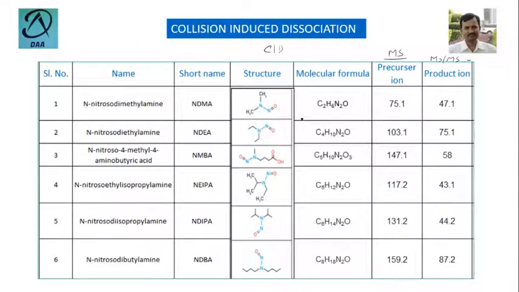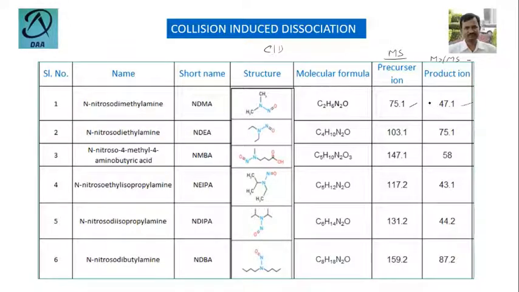And in this case, you see that all compounds have their precursor ions as well as product ions listed, theoretically. So in the first case, if you see N-nitrosodimethylamine, its precursor ion is 75.1, and its product ion will be 47.1.